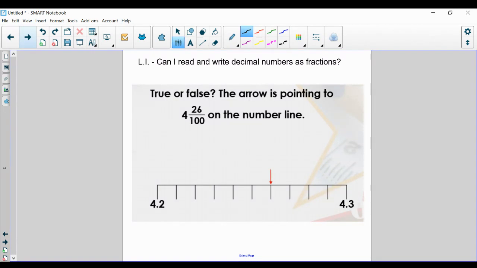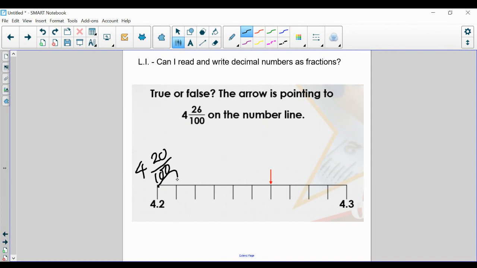True or false question. The arrow is pointing at 4 and 26 hundredths. Let's have a look. So this is basically, we write this as a fraction. 4.2 is the same as 4 and 20 hundredths.